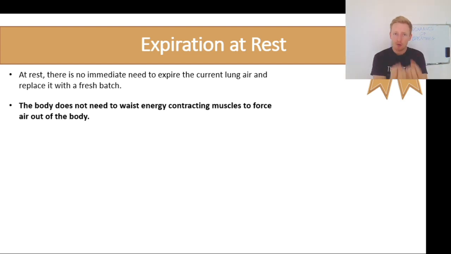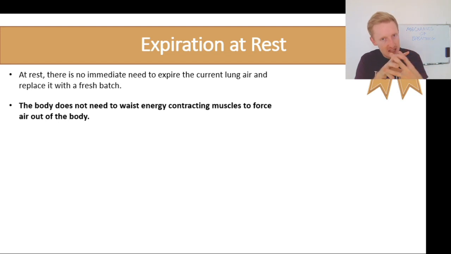So we can afford ourselves the time and the energy to lift the rib cage up and out during inspiration and then just let it go. We let gravity pull that rib cage, dropping it on top of the lungs, which are inside the thoracic cavity. The rib cage drops, it returns to its anatomical position, and we've decreased the thoracic cavity size.